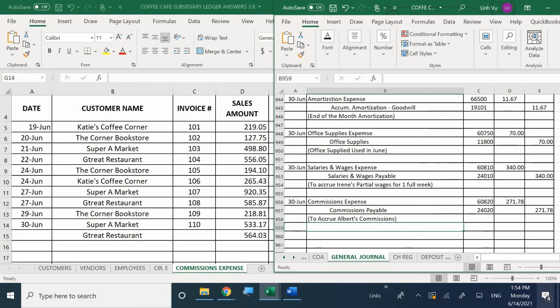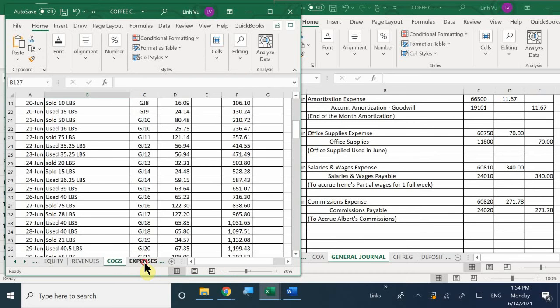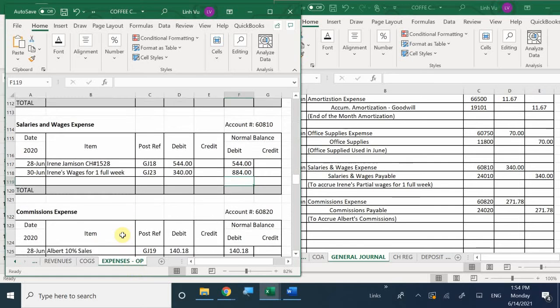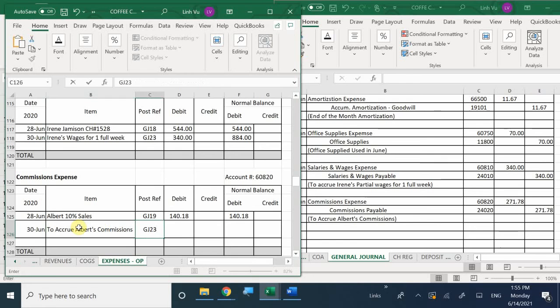And then to the ledger. Same thing, would it be accrue Albert's commissions? Okay. Journal 23. Debit for 271.78.